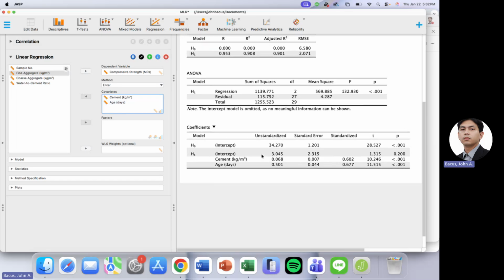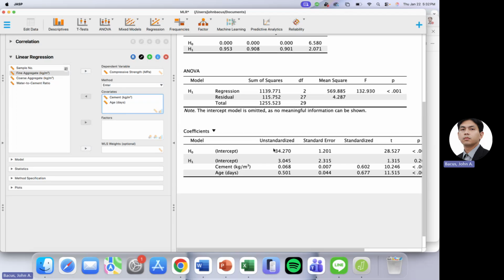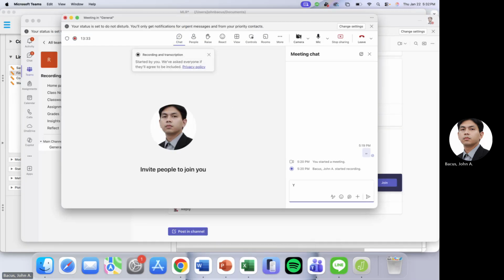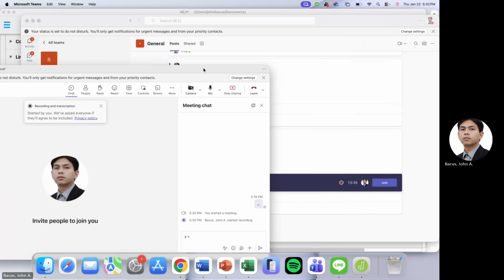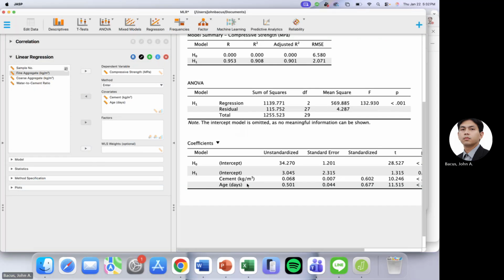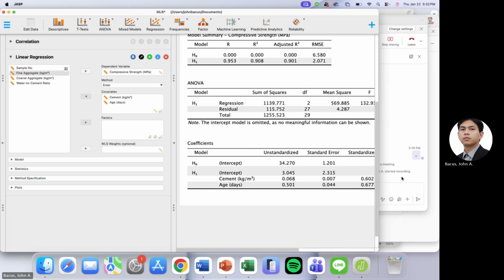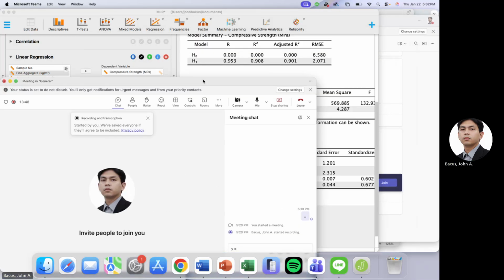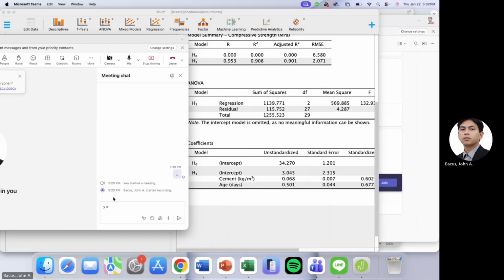And then we can have our final value or final model as y equals, where is that? So, tingnan natin sa unstandardized, 3.045 plus 0.068.